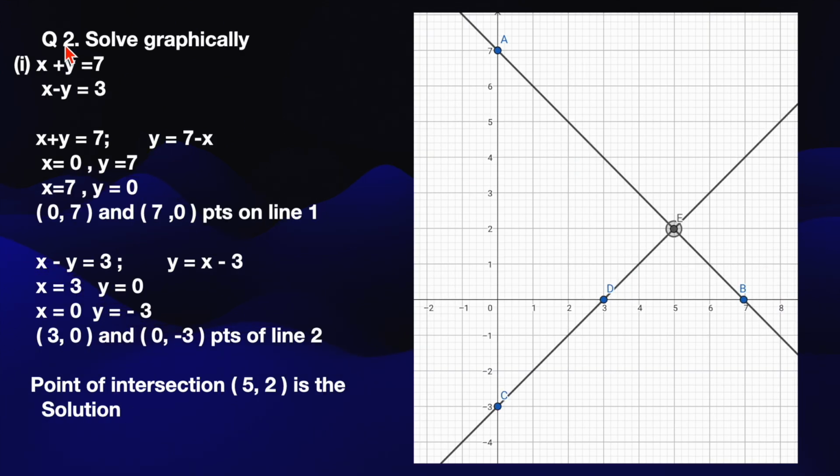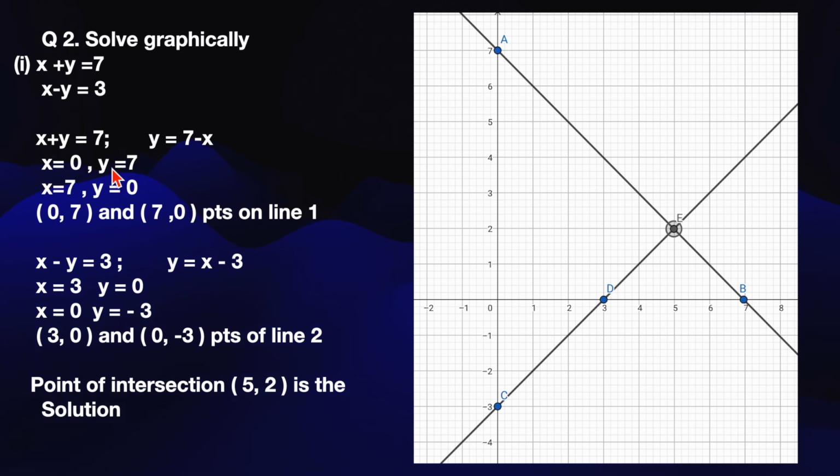Okay, second question, solve graphically. There are two equations given and we have to find the values of x and y which will satisfy both the equations. So this is the first one. Let's plot this line on the graph paper. For that we need at least 2 points. So first write down this equation like this.